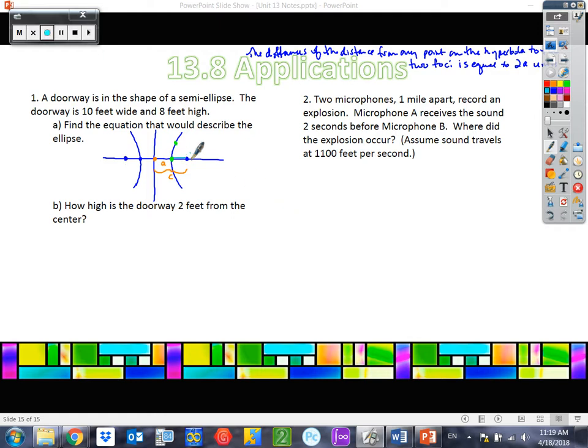This distance is what I'm interested in. That distance would be C minus A.